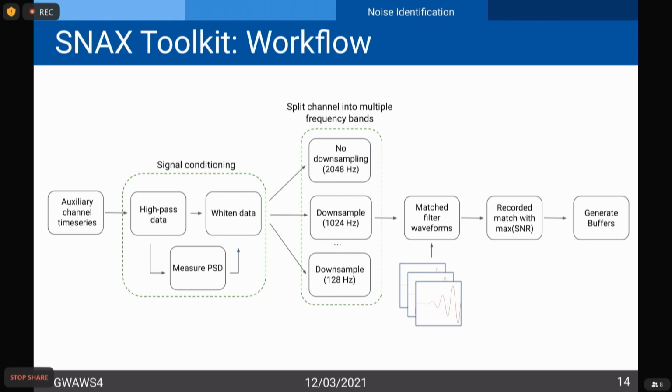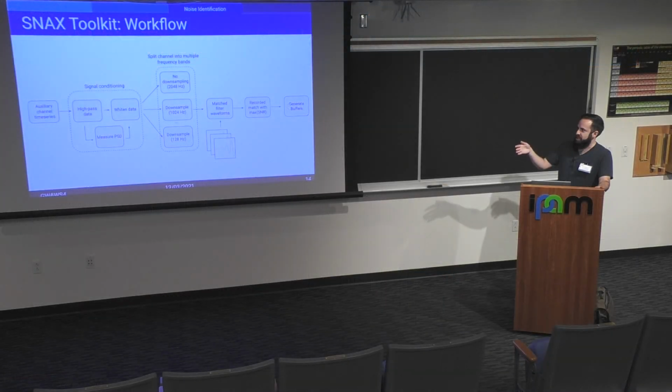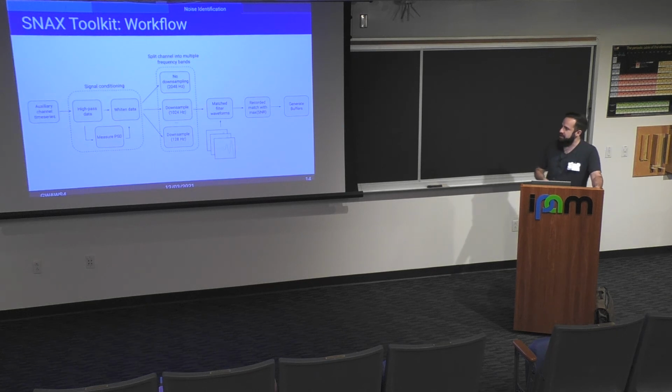You can imagine, you don't want to use the full sample rate time series if you're trying to filter against a waveform that is only like 30, 40 hertz. Then we finally match filter all the waveforms for a given frequency band, record these matches, and then generate buffers that are sent to the other tools.